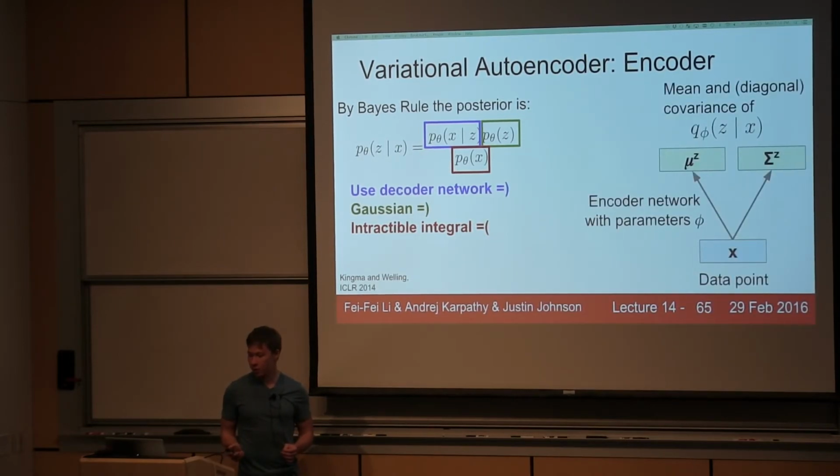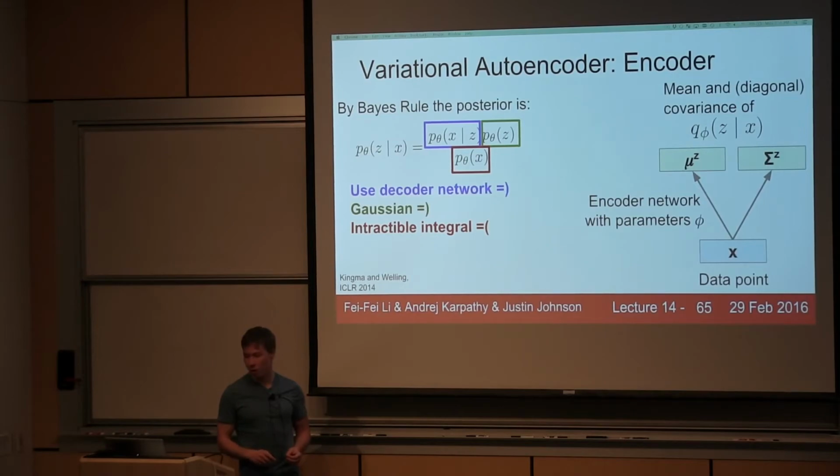Instead, we're going to introduce some encoder network that will try to directly perform this inference step for us. This encoder network is going to take in a data point, and it's going to spit out a distribution over the latent state space. Looking back at the original autoencoder from a few slides ago, this looks very much like the bottom half of a traditional autoencoder, where we're taking in data, and now instead of directly spitting out the latent state, we're going to spit out a mean and a covariance of the latent state.